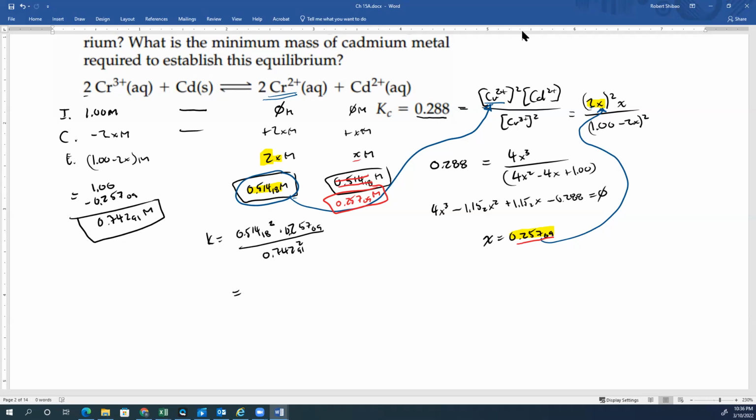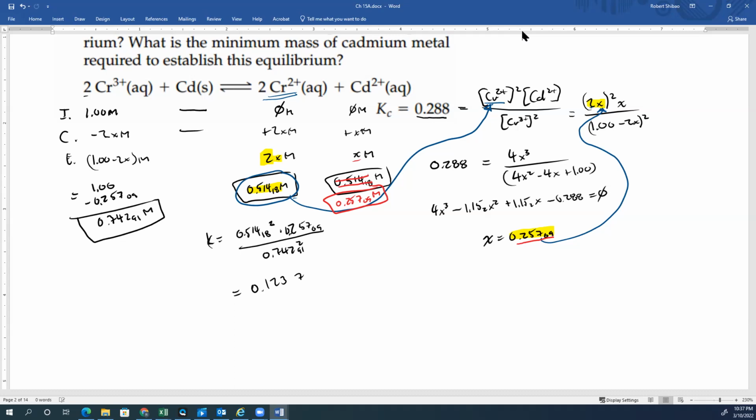And so let me just finish this here and see what my K value would have come out to had I not caught that mistake. 0.25709 divided by 0.74291 squared. Okay, so my K value would have come out to 0.1237.